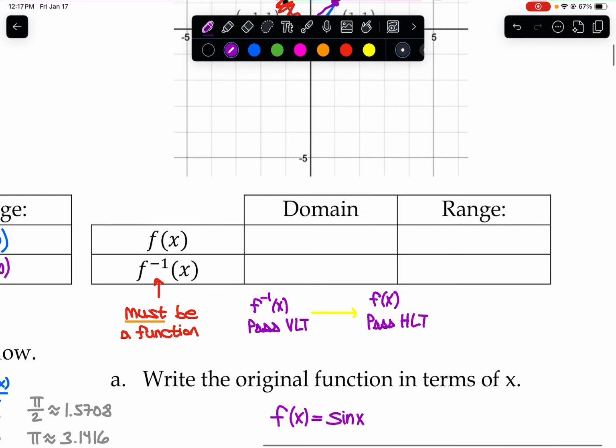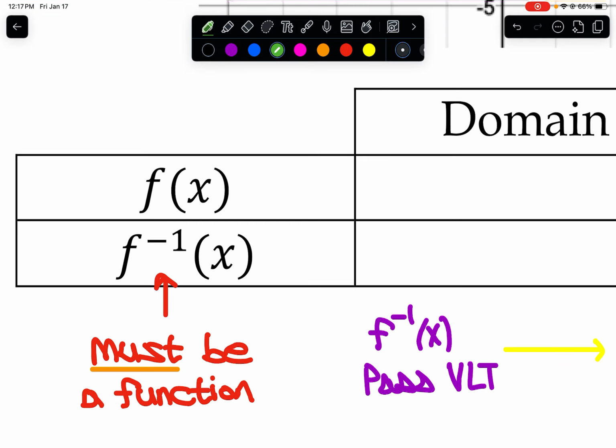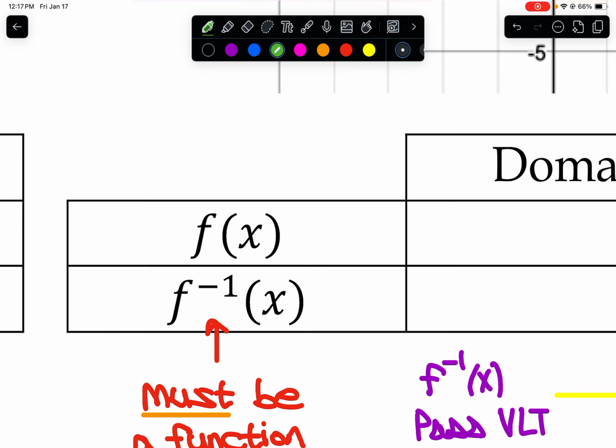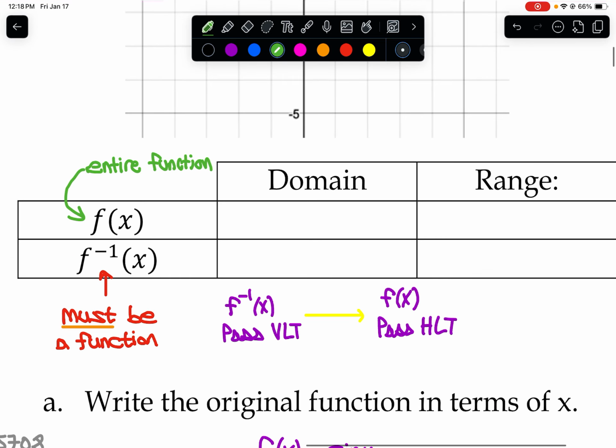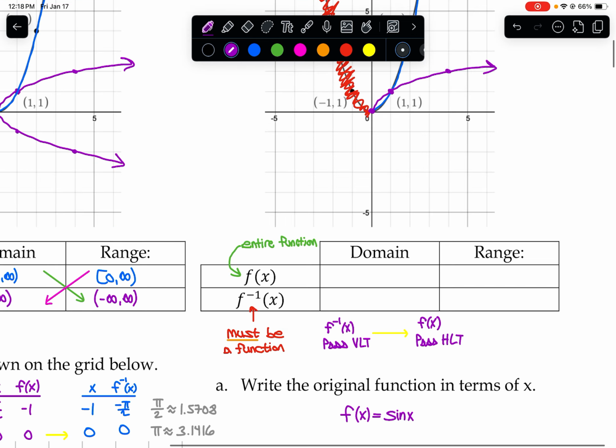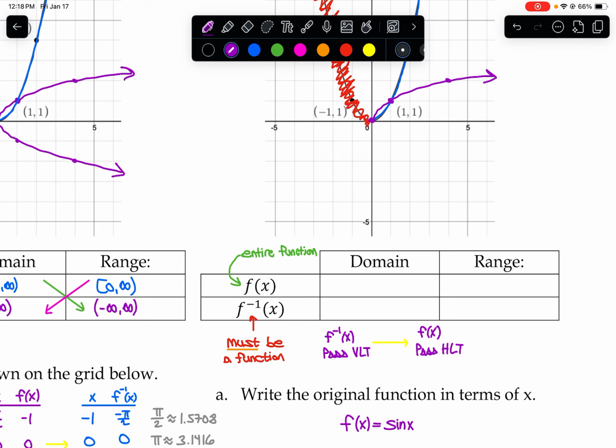Okay, now down here, this is f of x and the inverse of f. So for the original, it depends on the context of the problem, but really f of x here is actually referencing the entire function, not just the small section. So really it should be the entire function, but depending on the context, we may only ask for the section that we use for the inverse, but I'm going to use the whole thing for this context right now.